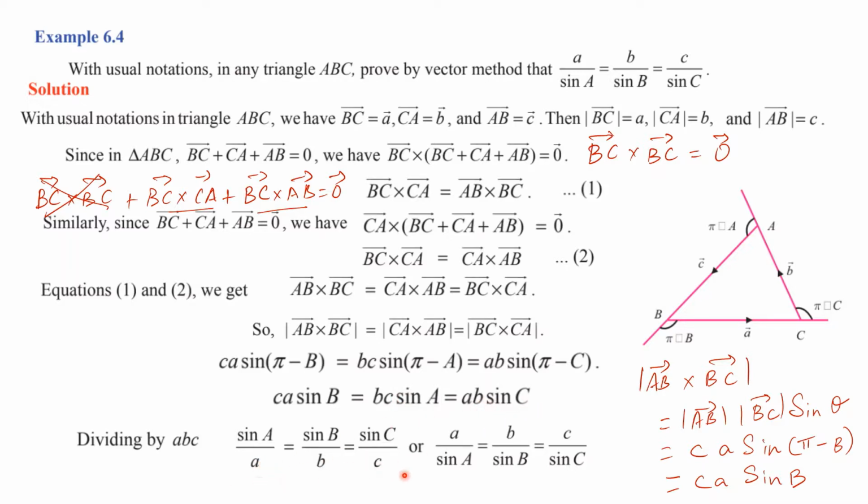So rearranging, we have sine a by a, sine b by b, sine c by c. Also, you can flip around the numerator and denominator and write it as a by sine a is equal to b by sine b is equal to c by sine c. Therefore, we have proved our theorem.